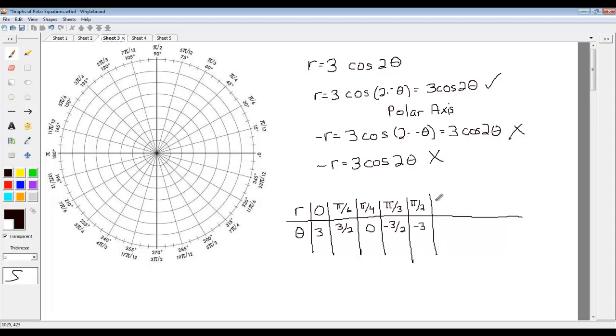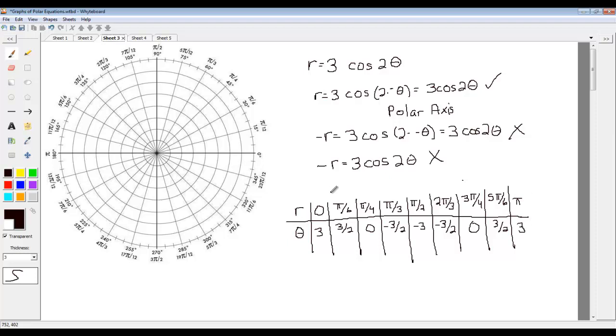If you put in 2 pi over 3, you're going to get negative 3 halves. If you put in 3 pi over 4, you're going to get 0. And if you put in 5 pi over 6, you're going to get 3 halves. And then if you get to pi, you're going to have 3.